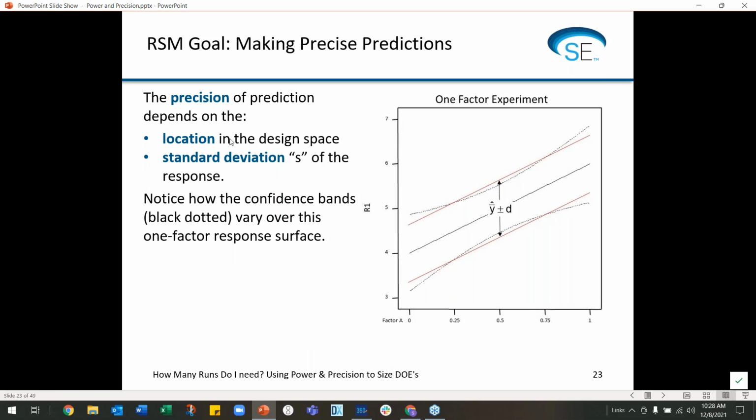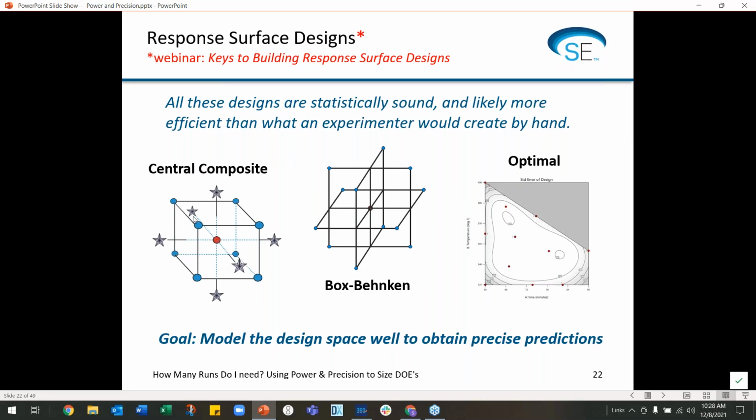It depends on the location in the design space. So let me just back up. Our design space is contained by all of these combinations. Here's a picture of a design space. So precision depends on where in the design space. Are you in the middle, or are you at one of the corners? Where in the design space are you?